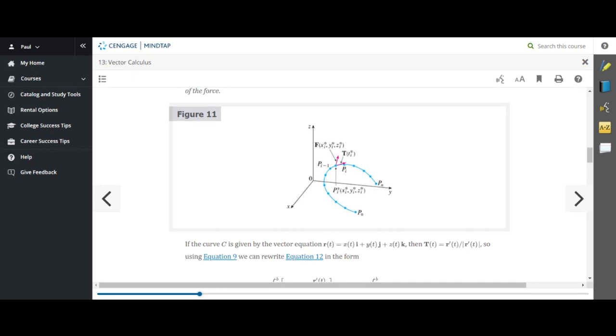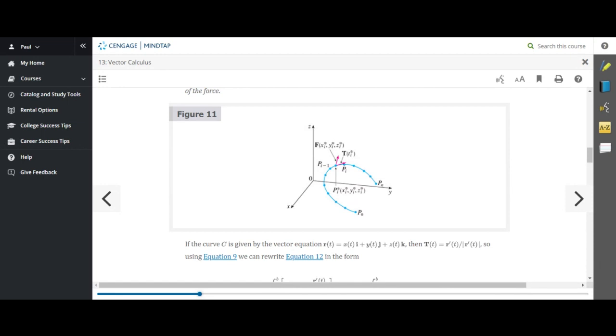The arc from the point P_i to the next point could be represented by delta S. We don't want to use the unit tangent vector alone because the particle isn't going to move a whole unit.